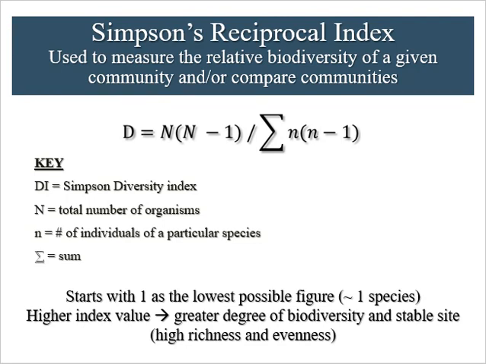So in this case, 1 would be representative of 1 species or 1 individual. This figure would, again, represent just that 1 species, and that would be that lowest possible figure for the scale. The higher the index value, the higher or greater the degree of biodiversity within the community.